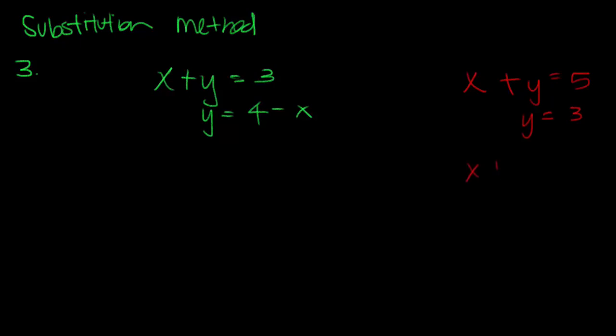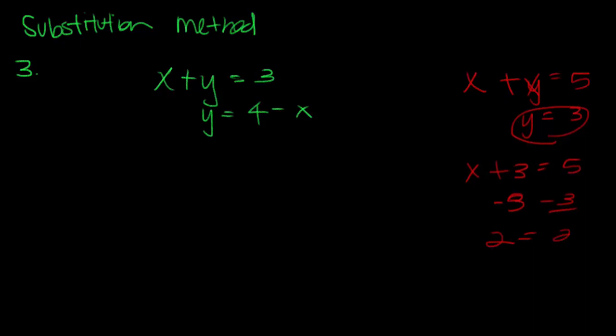I could say that x plus, instead of y, I could say 3, because 3 is the same thing as y. And then I could solve for x and get that x is 2. Okay, so that's just a side note.